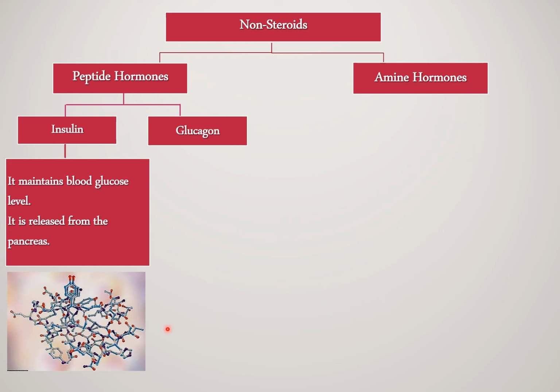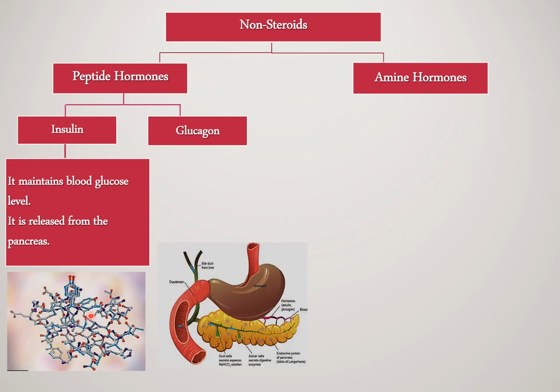It maintains the blood glucose level and converts the excess glucose present in the blood into glycogen. This is the structure of insulin as produced by the body. Now we are talking about glucagon.